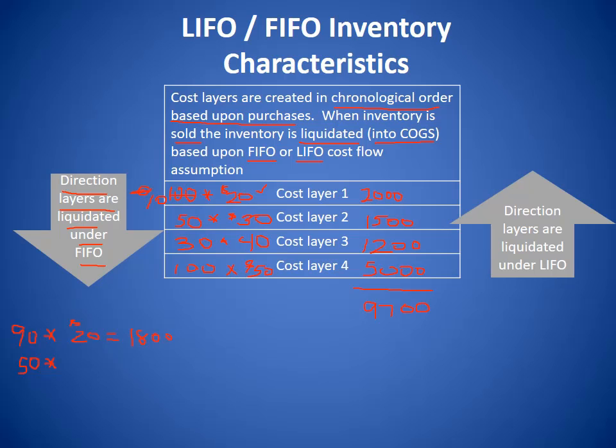With these 50 units, I can't cost them all at $20 a unit. So I liquidate my layers. I take 10 units from my cost layer 1, because that's all that's remaining, and multiply that times the $20 per unit. So I'm going to liquidate the remaining amount of my first cost layer in the amount of $200.